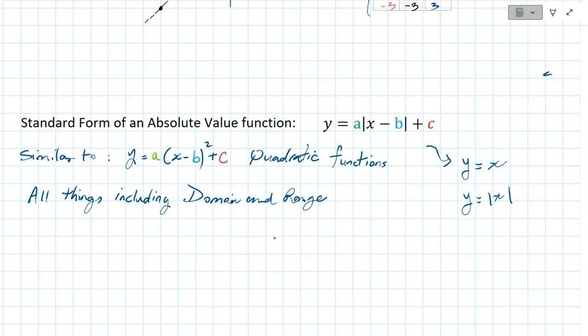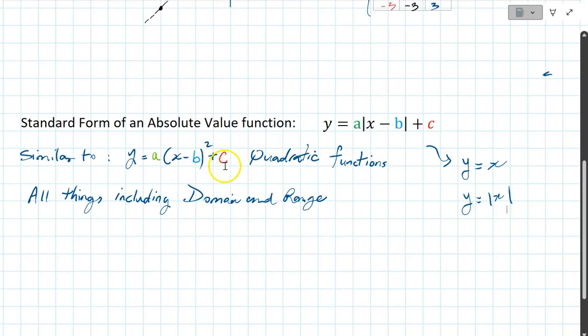Okay, now let's get on with the standard form, and I made a little note here that it is similar to the quadratic functions. The standard form of a quadratic function, which was called the vertex form, is given by y equal to a times (x minus b) all squared plus c.